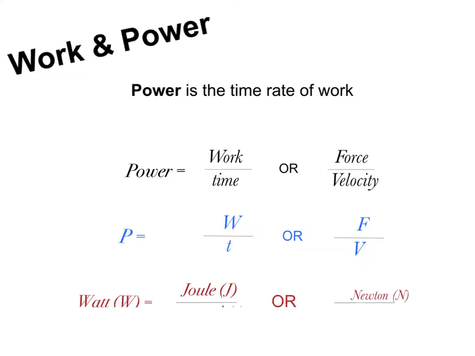The unit for power is a watt. Work is in joules and time is in seconds, so if you have work and time, it's joules divided by seconds to get watts. Or if you have force and velocity, it's newtons divided by meters per second to get a watt. Either one of those works. It's going to be important that you know the formulas for work and power because we will be using them for calculations later.